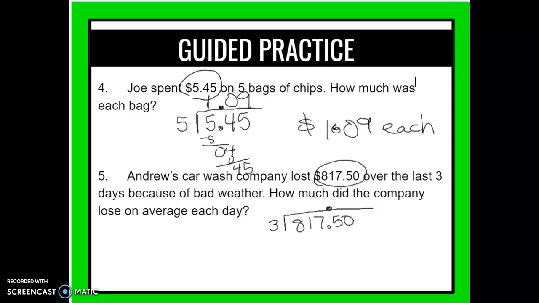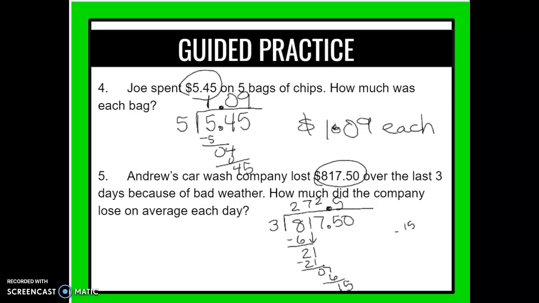Bring the decimal up. 3 goes into 8 2 times. Subtract and get 2. Bring down the 1. 3 goes into 21 7 times. 3 goes into 7 2 times. 3 goes into 15 5 times.